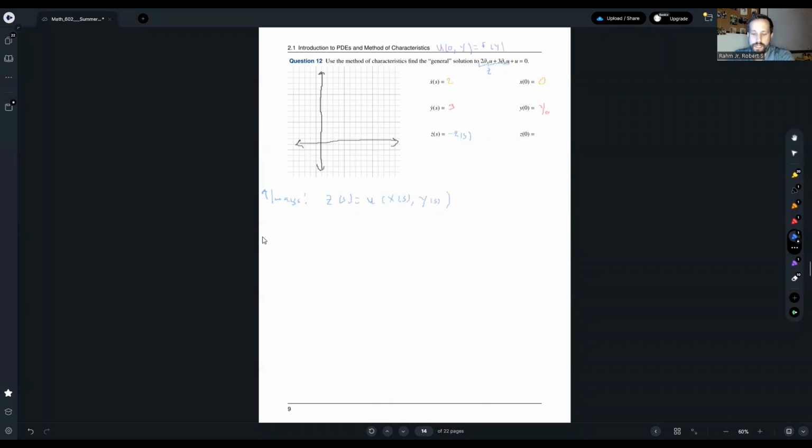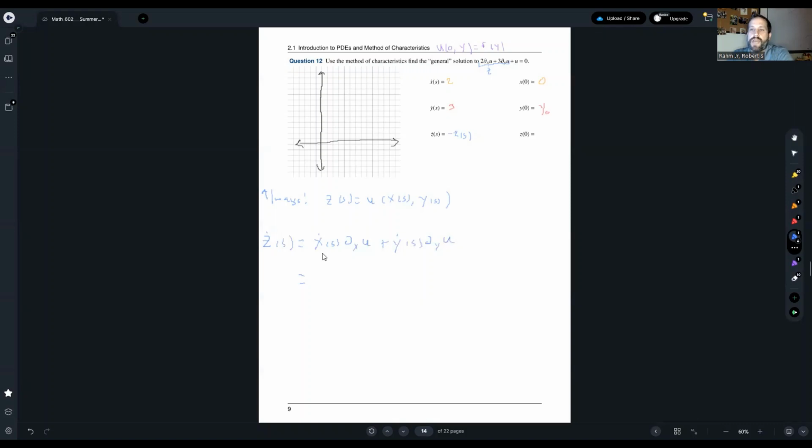And so again, by using the chain rule, z dot of s is going to be x dot of s times the partial derivative of u with respect to x plus y dot of s times the partial derivative of u with respect to y.